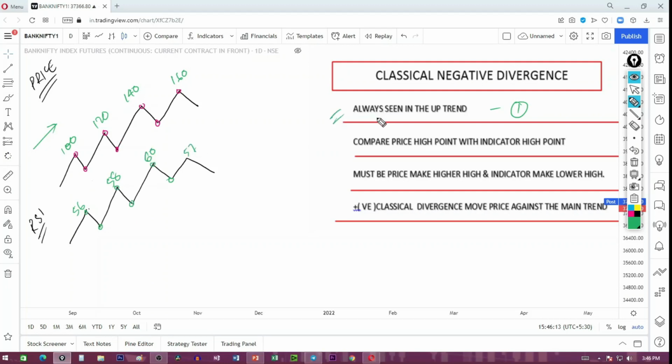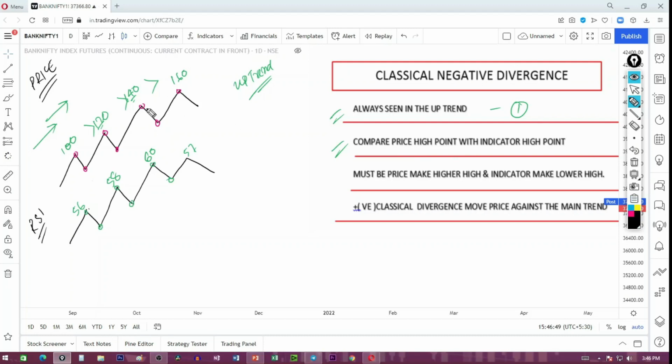Now, the first point: always seen in an uptrend. We already know every swing high is greater than the previous one. So 120 is greater than 100, 140 is greater than 120 and 160 is greater than 140. We can say this is an uptrend. Now the second point: compare the price high point with the indicator high point.